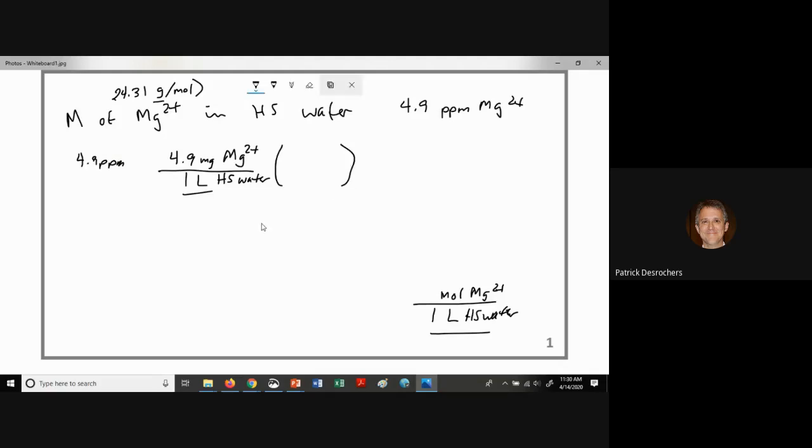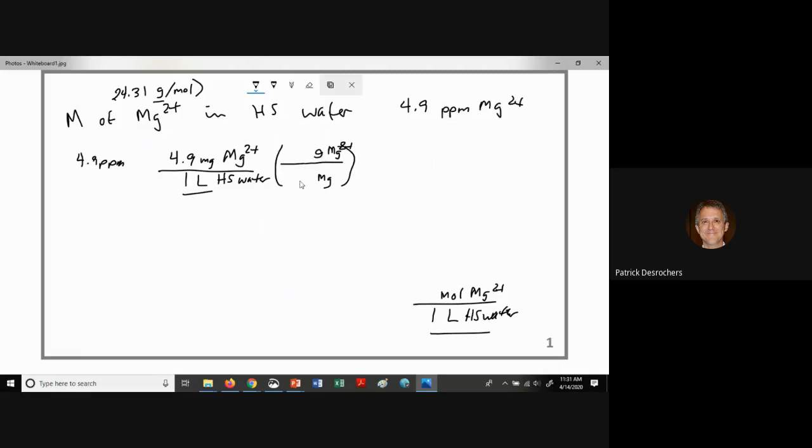Let's just do it in steps. Do I want milligrams to stay or go? Go. Yeah. Okay, so you guys are experts. Where does milligrams go in my fraction if I want it to go? The bottom. Uh-huh. And I want milligrams to become grams, right? Because if it was grams of magnesium, then I could use this information to go to moles.